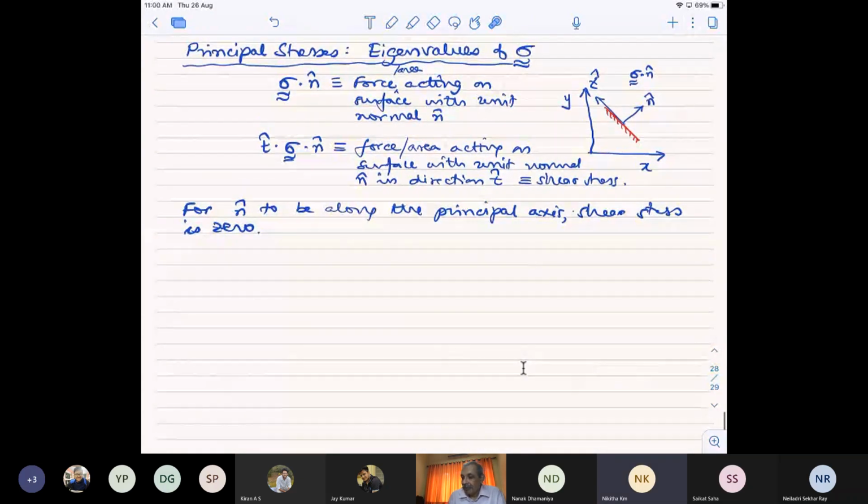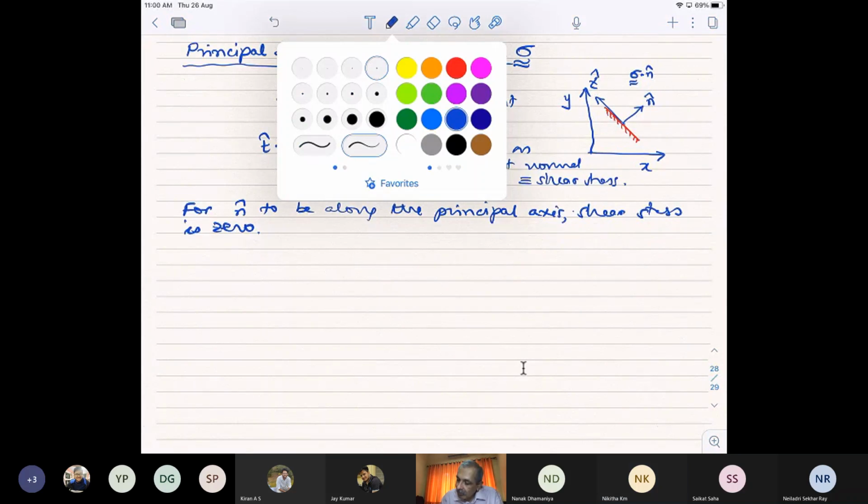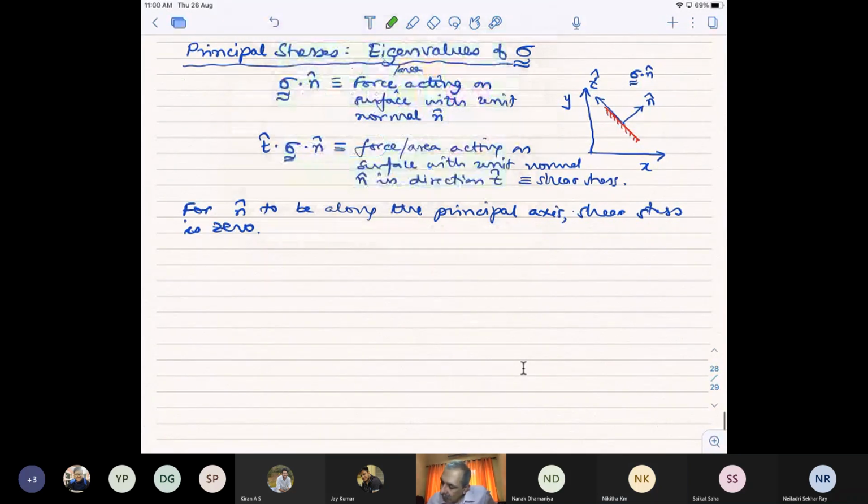Along the normal direction. Exactly. So basically this vector should be along the normal direction. So again, different color, I will draw this here. So if you have n along the principal axis, then sigma dot n must be along n.